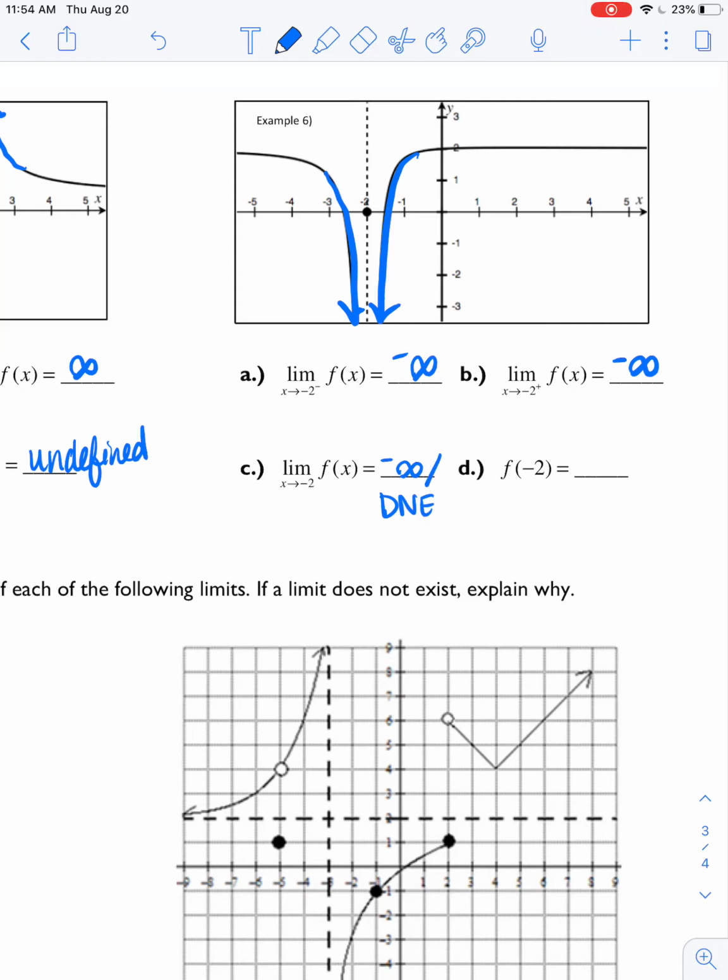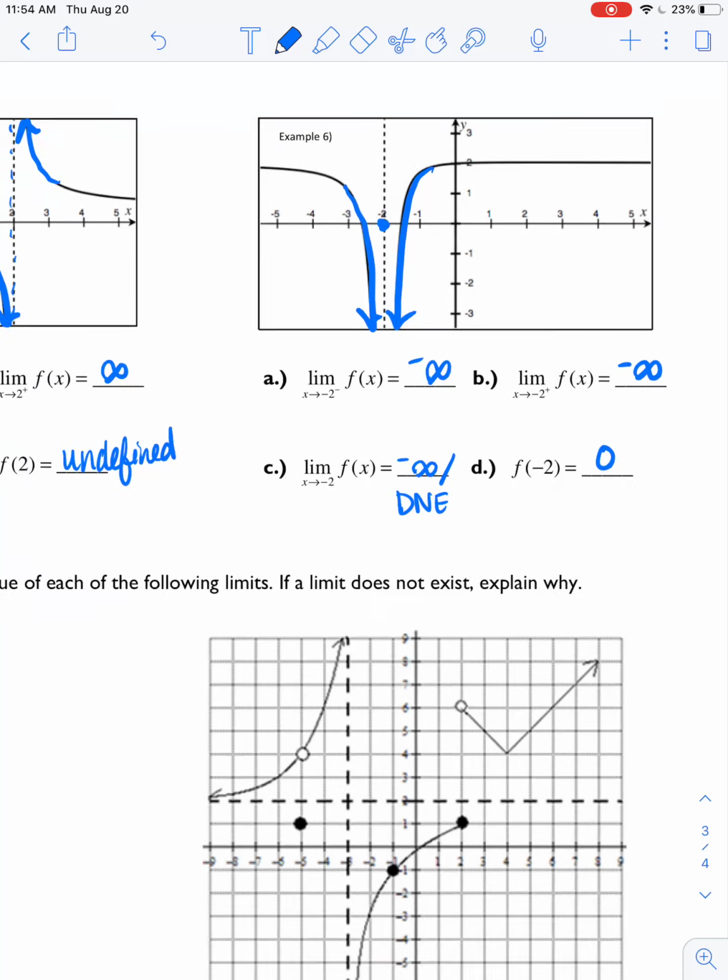So I could give either of those answers for C. However, for A and B, I want to give the specific direction since I can there. In this case, even though I have a vertical asymptote, this function has been defined at -2 as 0. And I can tell because I see that point right there. So watch out for those.